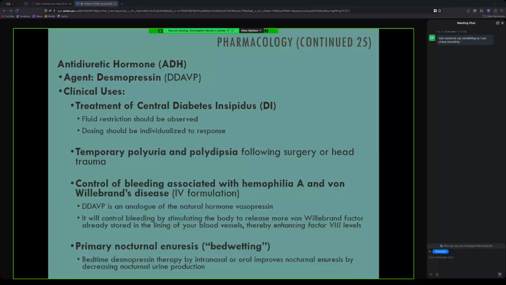Completely different, nothing to do with endocrine, but you need to be aware of that other specialized use for desmopressin or DDAVP. And then lastly, we can control primary nocturnal enuresis. So bedwetting, we can use desmopressin to help control, and for the bedwetting, often that's the intranasal or oral delivery.